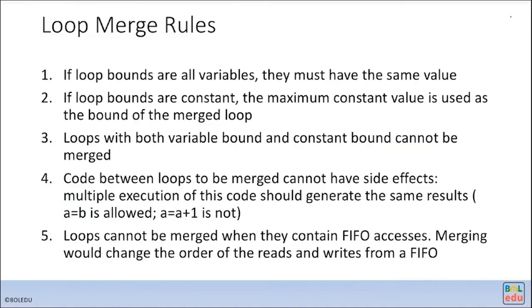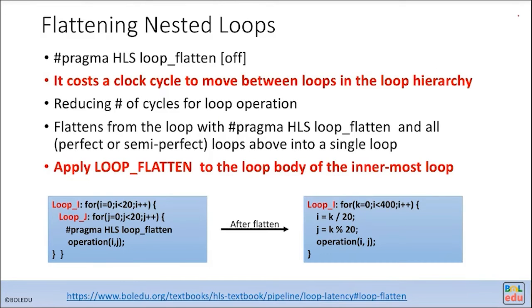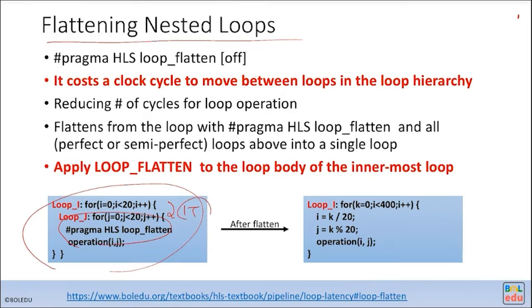I probably introduced that in a previous lecture, so I won't repeat it. Another technique is flattening nested loops. We all know that for a nested loop, it takes one cycle of latency to move between loops. For a loop with a small iteration count, this one cycle of moving in and out of the loop actually introduces a lot of cycles.